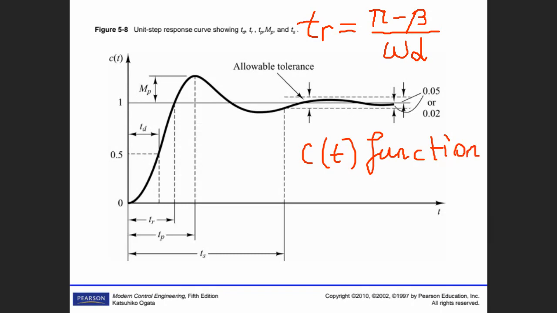How could you tell me to obtain this point, that means t_p? I expect a proposal from you. I know the function of c(t), so what am I going to do?